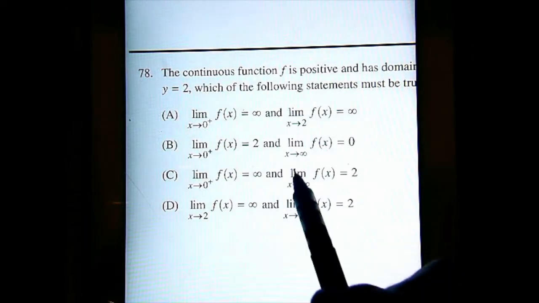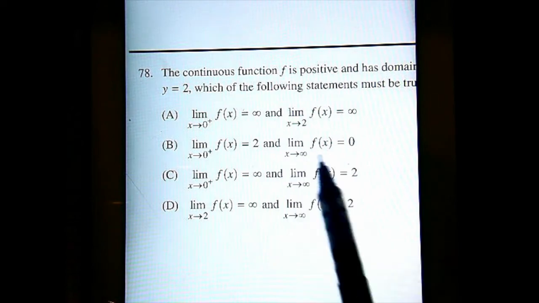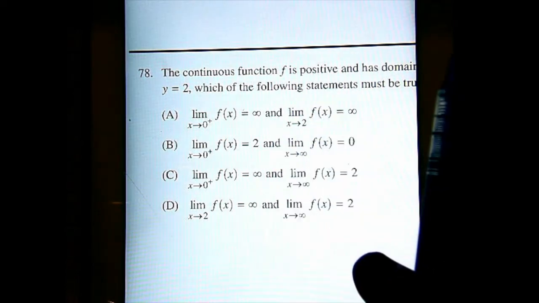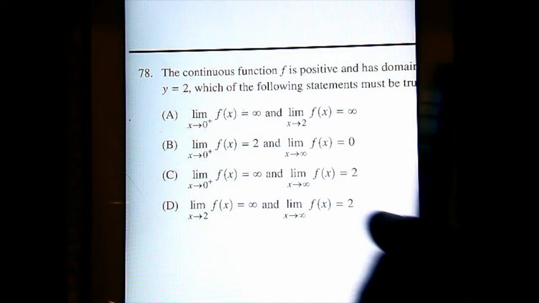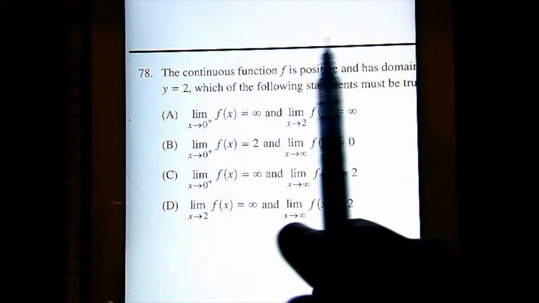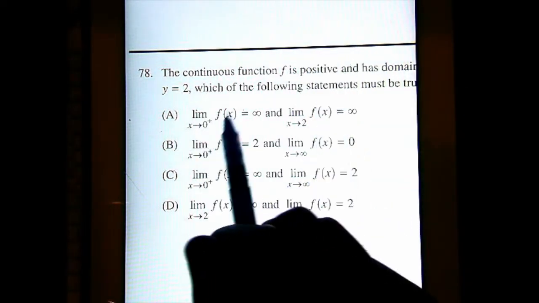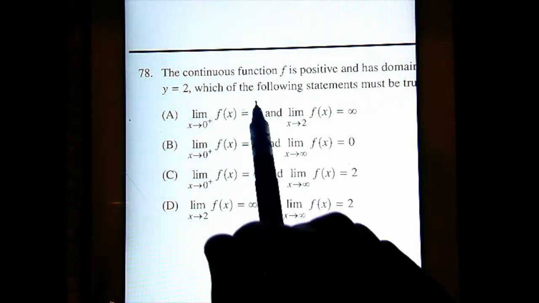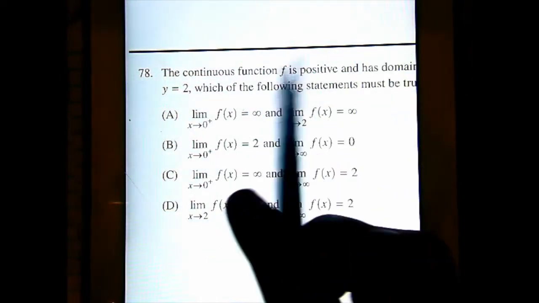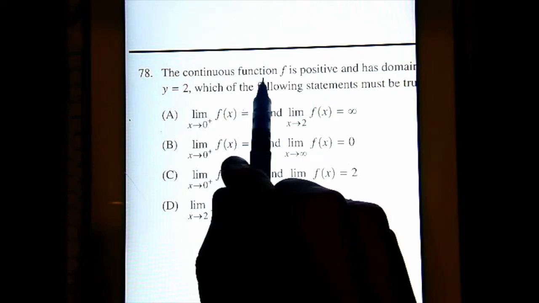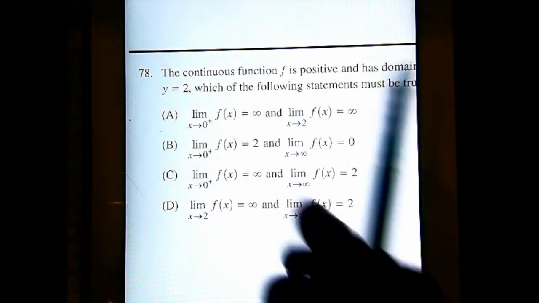So the fact that there's a vertical asymptote at x equals 0 and the domain of the function is for x positive means that the limit as x approaches 0 from the right has to be some kind of infinity. It could be positive infinity or negative infinity, although we're also told that the function is positive, which means actually it has to go to positive infinity.